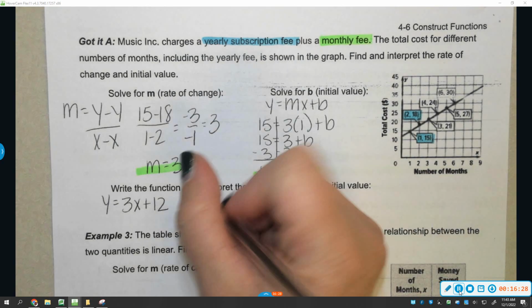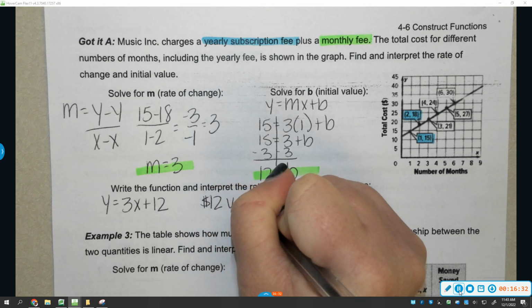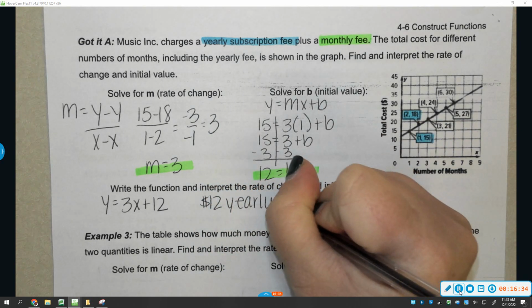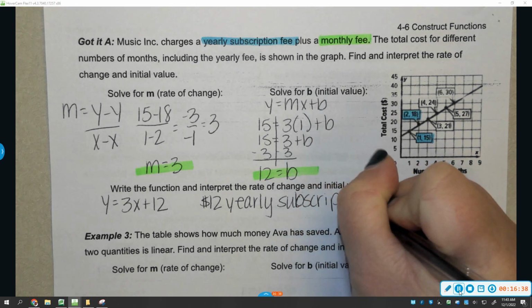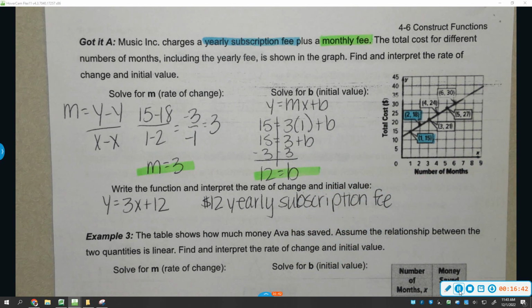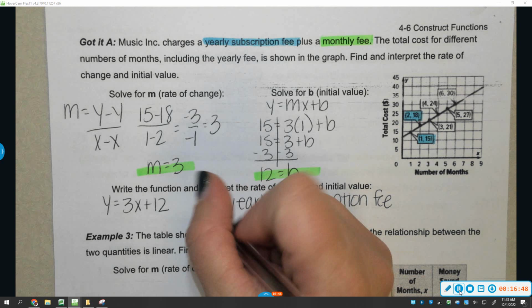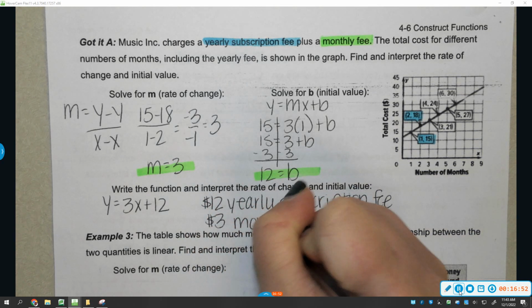Very good. $12 is the yearly subscription fee. It gets charged one time. Okay, so that's your beginning fee. All right, which leaves the $3 as the monthly fee.